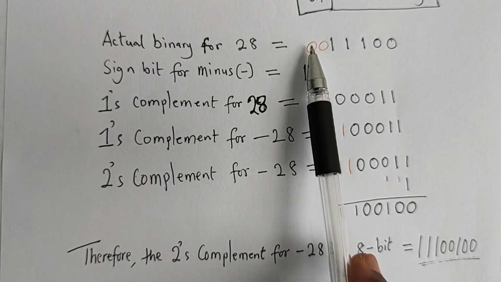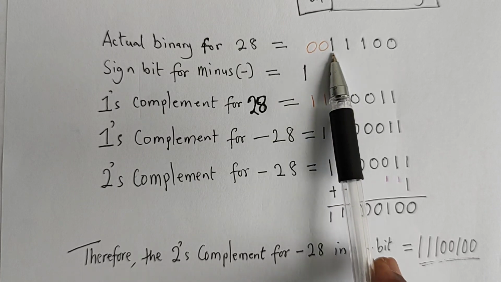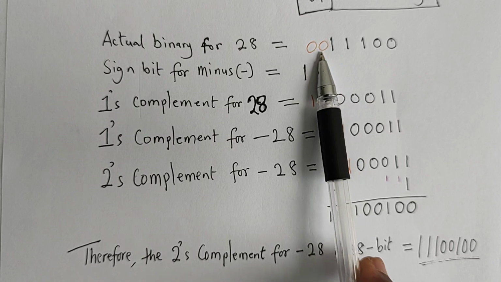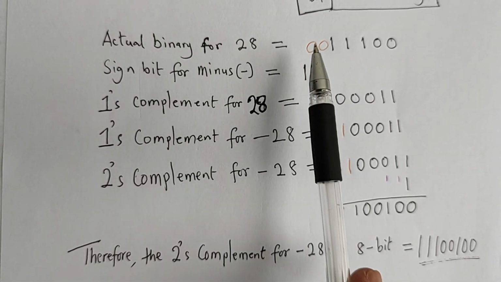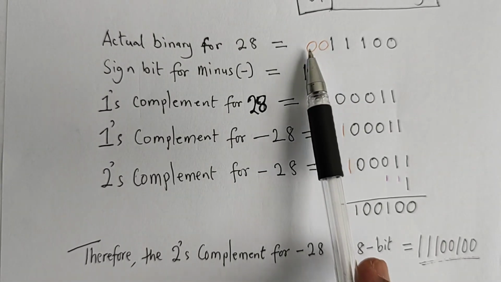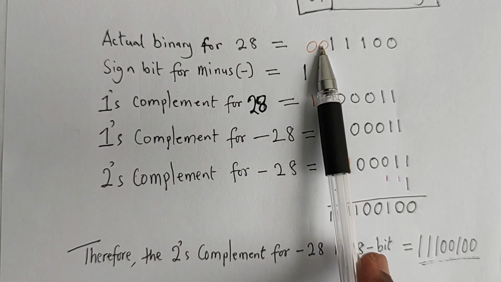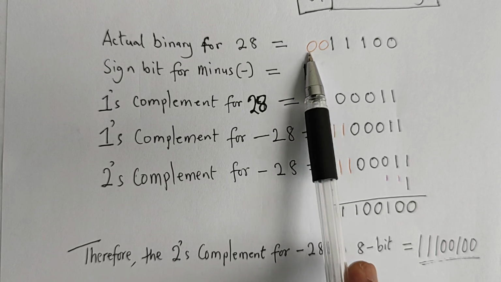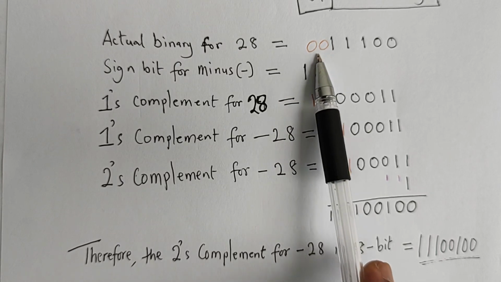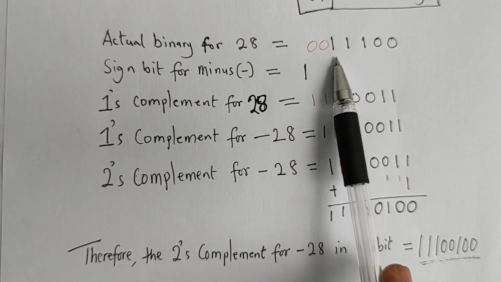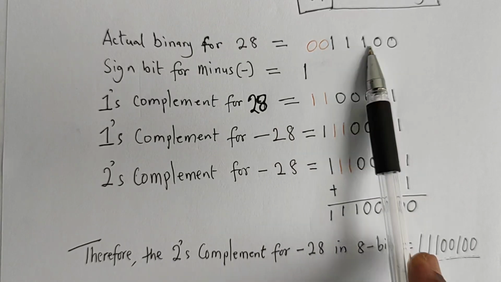The 2 zeros added before the 1 are nothing but 0 padding. That is why I indicated that with a different color of ink. These are the extra 2 bits we have added, which are nothing but zeros to pad, because these bits are not significant. The significant bit is the 1, starting from the 1, and then you have 1, 1, 0, 0.